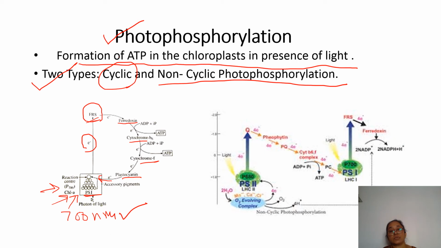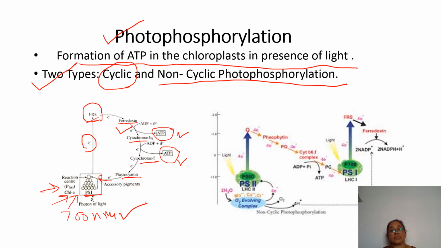Here one thing you can see: between ferredoxin and cytochrome B6 there is a formation of ATP, and from cytochrome B6 to cytochrome F there is also a formation of ATP. Two molecules of ATP are produced by this single cycle of photophosphorylation. So the electron from photosystem 1 only, that is of 700 nanometer, absorbs the light energy.